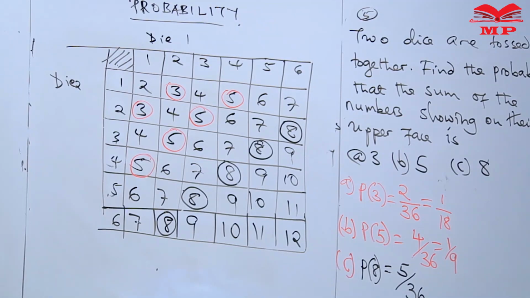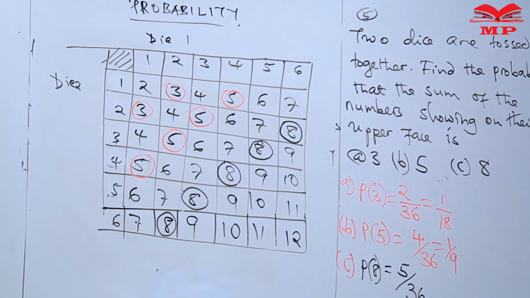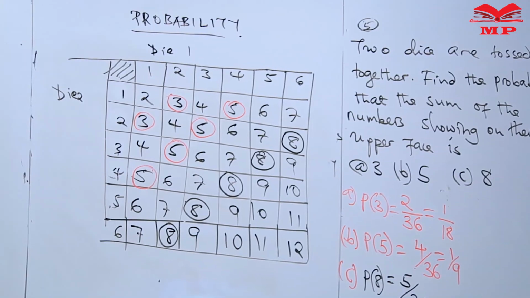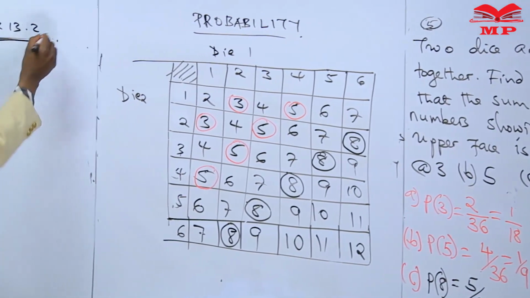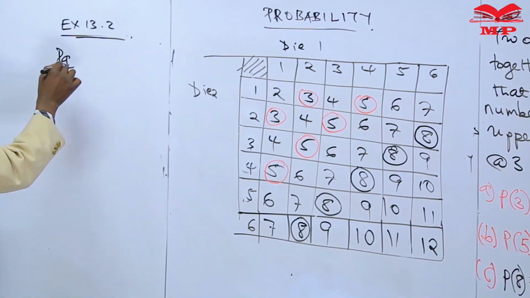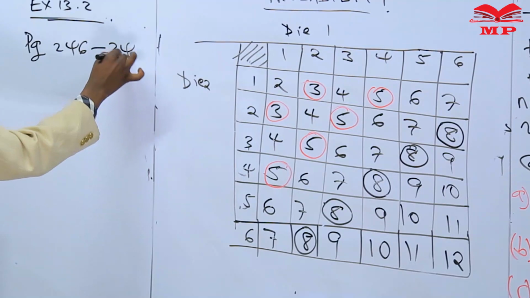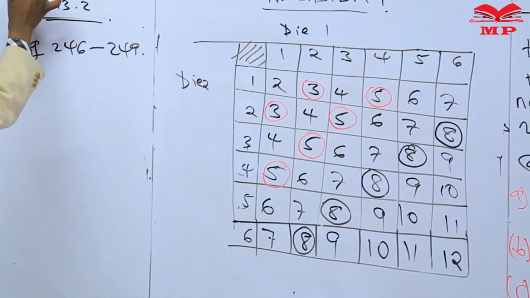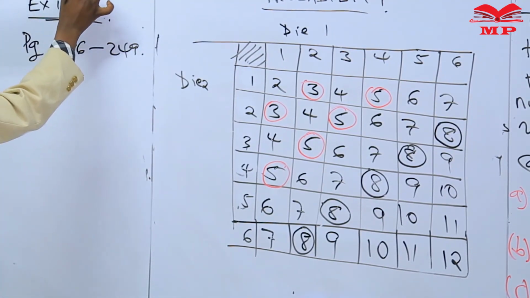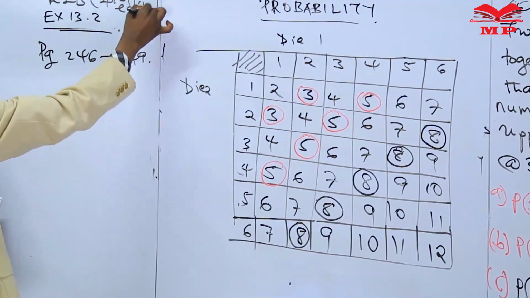I want to leave an assignment behind, which I want you to try in exercise 13.2. This runs from page 246 all the way to page 249. This exercise is in the KLB 4th edition.